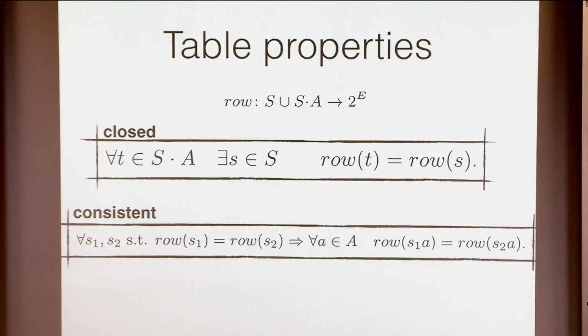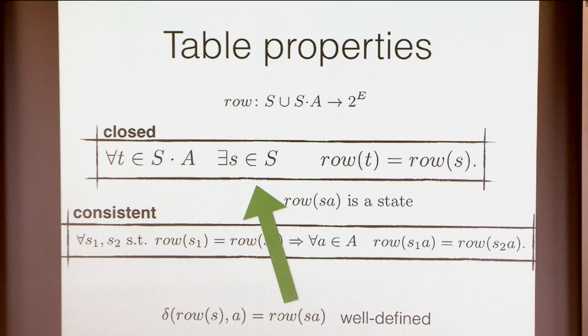The other condition is I ask the table to be consistent. Namely, if 2 rows were the same in the upper part, then they should be the same after I take any 1 step. And these 2 conditions guarantee that the transition function is well defined.